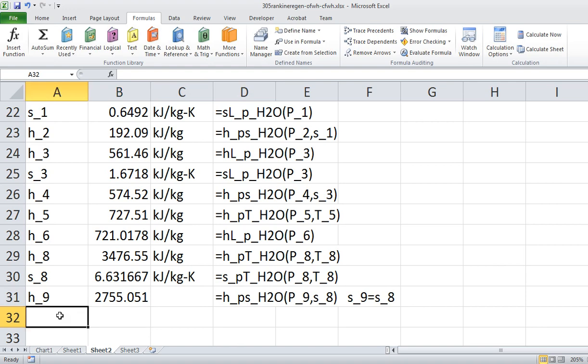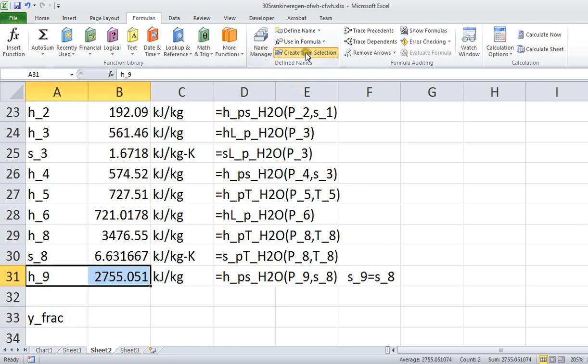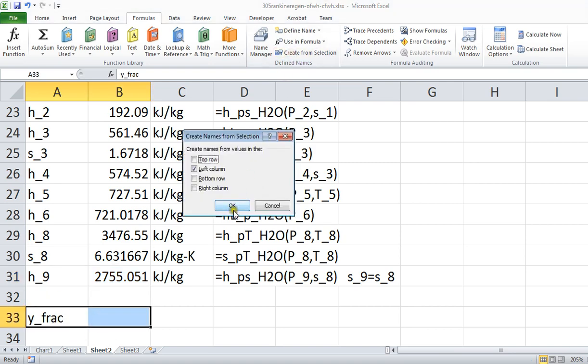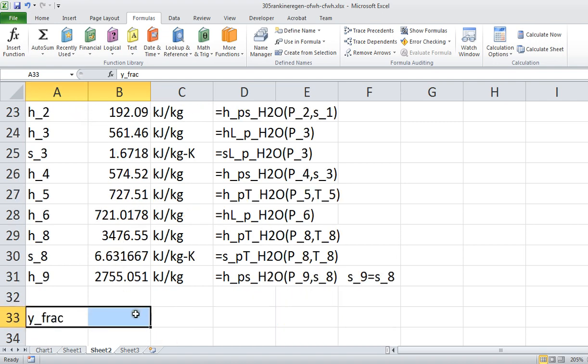Okay, so now we know all these states, and we should be able to calculate that fraction. So what is that fraction? The y fraction, I'm going to need this, and ultimately I'm going to need that, so I'll go ahead and make that. So I've lost the formula here, but y is going to be 5 minus 4 divided by 9 minus 6.